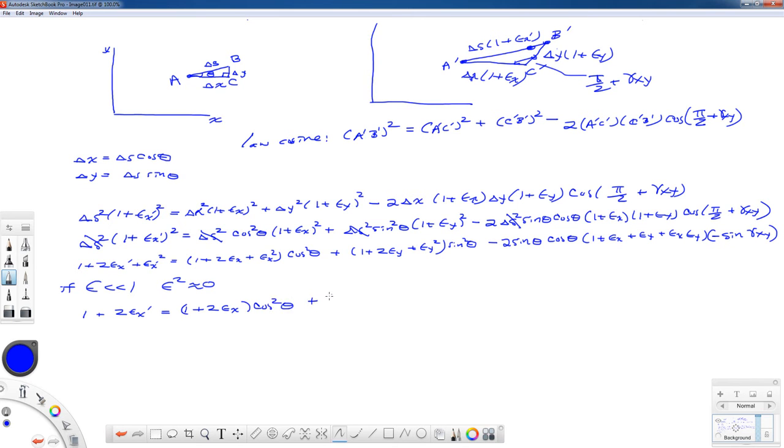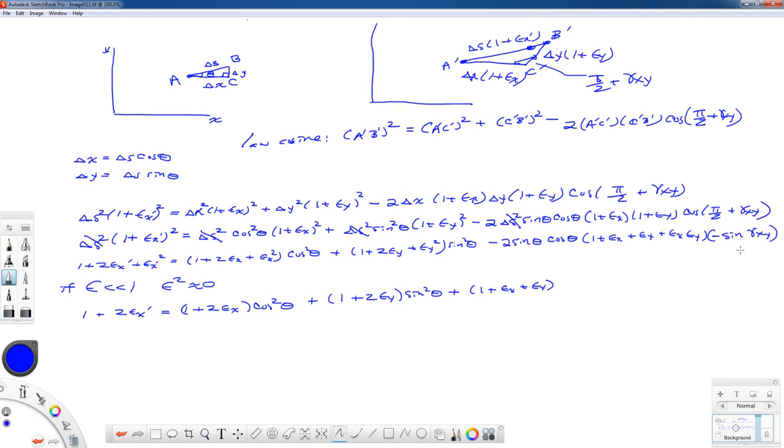We have (1 plus 2 epsilon y) times a sine squared of theta. And then, let's see, the negative sign here and here make a positive. We're going to have (1 plus epsilon x plus epsilon y) times the sine of gamma xy.